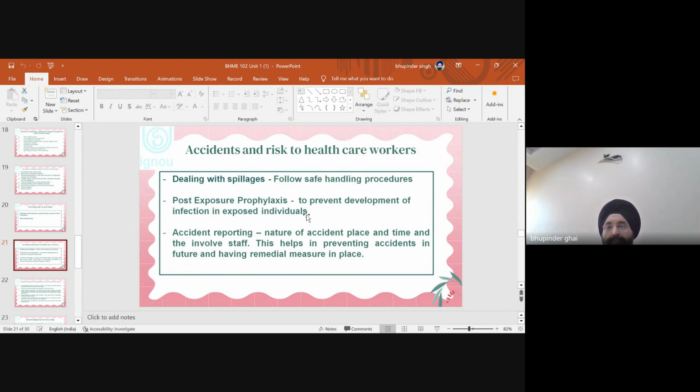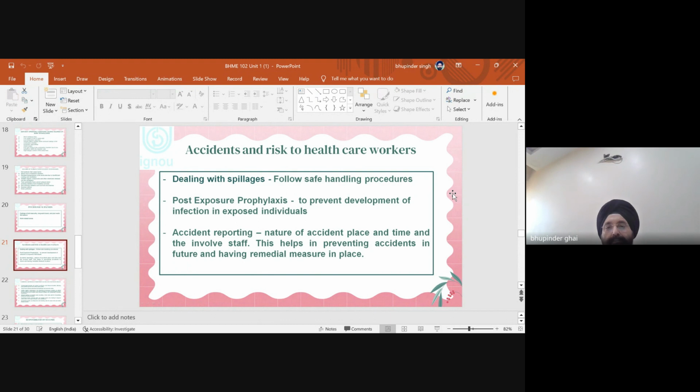Post-exposure prophylaxis to prevent development of infection in an exposed person. Suppose there is a needle stick injury, or a person comes in contact with a HIV positive patient or blood of an HIV positive patient.